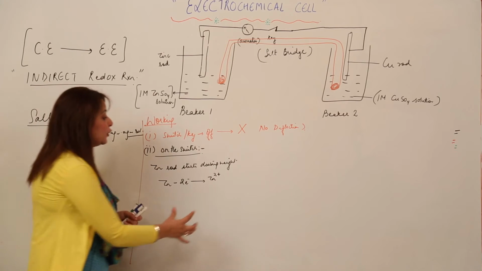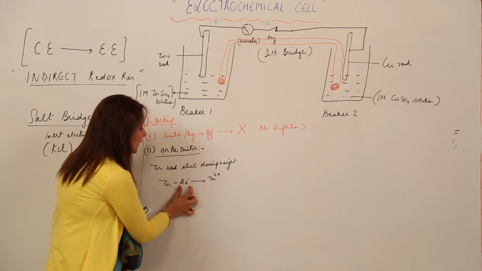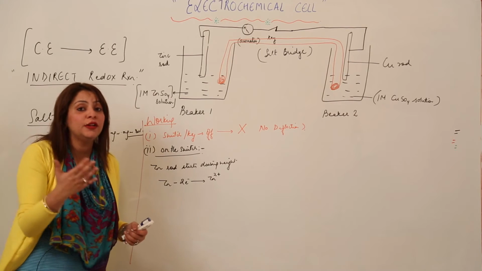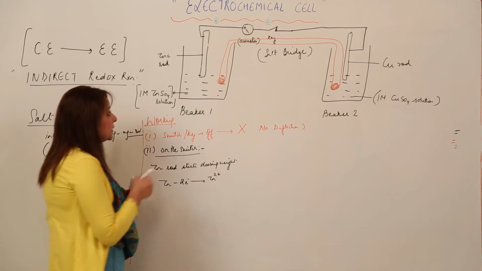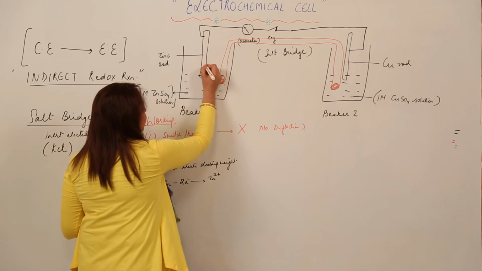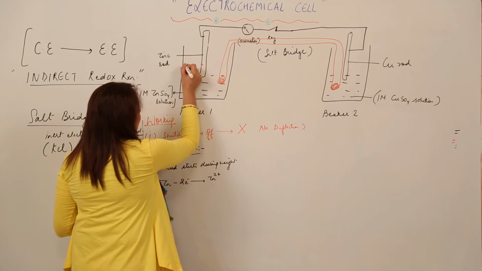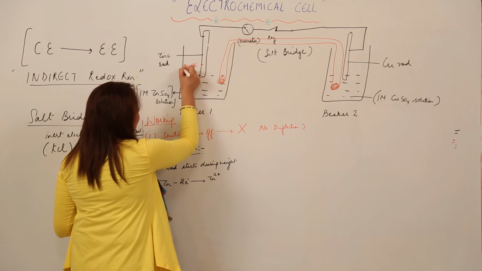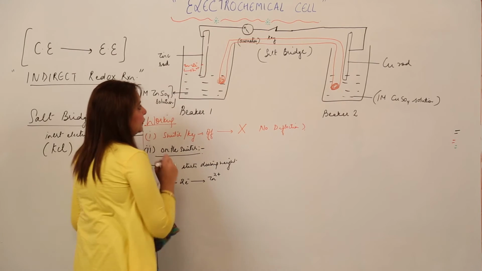Now what is the fate of these zinc ions and what is the fate of these electrons? I mean, where will they go now? See, I'll write here in the figure also because it will be more clear to you. The zinc rod, what is happening? This zinc is losing 2 electrons and forming Zn2+, right?